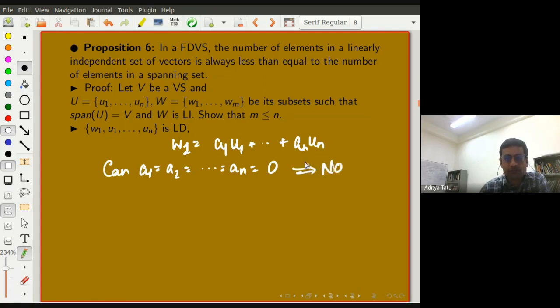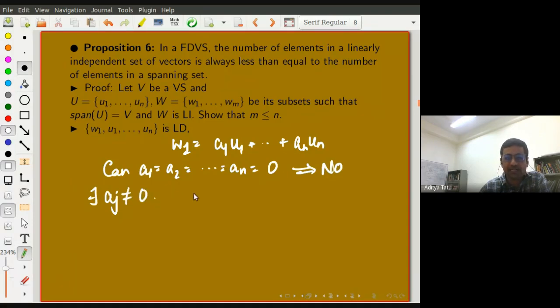That all these coefficients are zero, because if they are zero, then W1 becomes zero, the additive identity theta. And any subset that contains theta cannot be linearly independent. So there will be at least one coefficient, let's call it a_j, which is not zero.